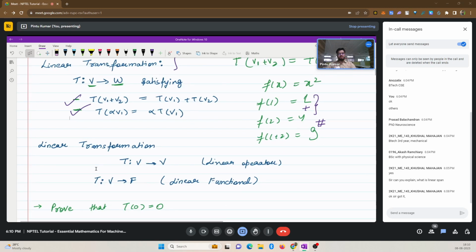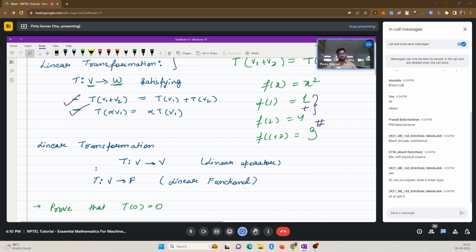Now there are some terminologies or fancy terms related to linear transformation that you might encounter in many places. First is something called a linear operator. A linear transformation is nothing but a function between two vector spaces, right? If that function is between the same space, so whatever is your domain is the same as your codomain or range space, then your linear transformation is called a linear operator.